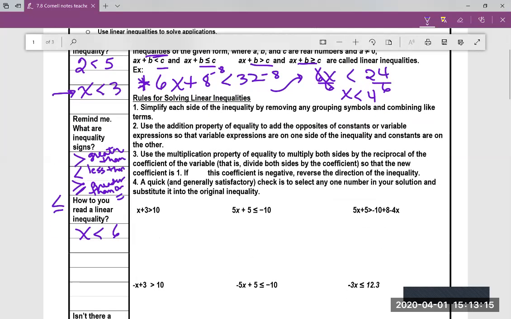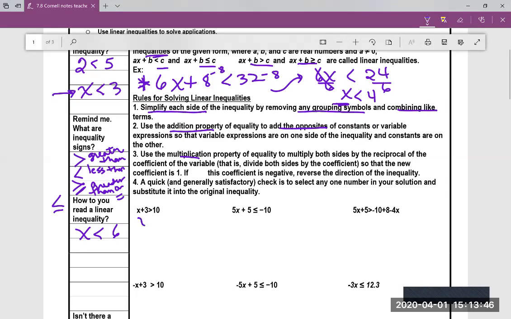Here are some rules for solving linear inequalities. First, simplify each side by removing any grouping symbols, and as always, combine your like terms. Then use your addition property to add the opposites, same thing with subtraction, and then multiplication or division to get that variable on a side by itself. Then a quick check is to select any one number in your solution and substitute it in to see if it's a true statement.